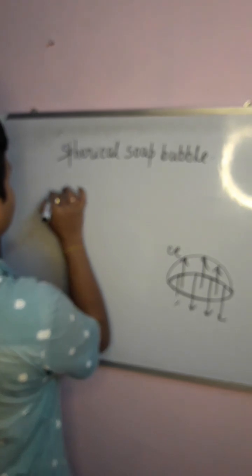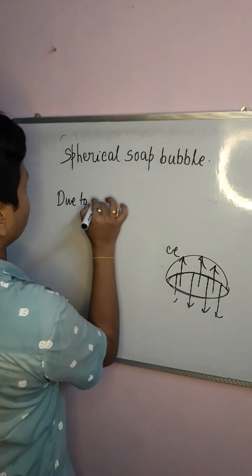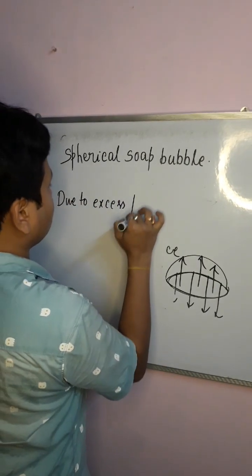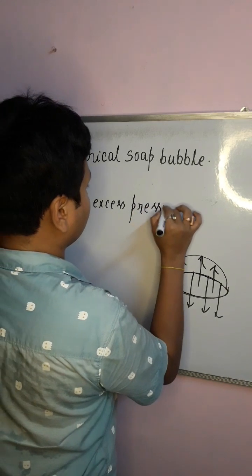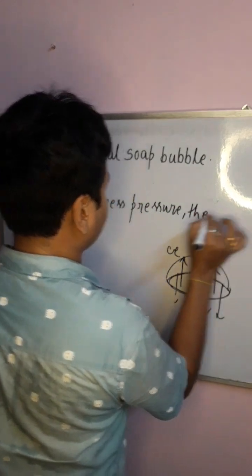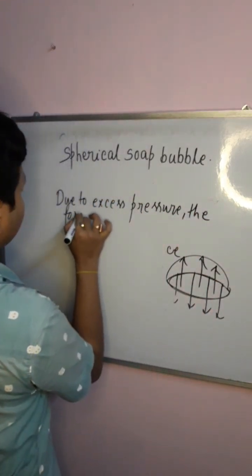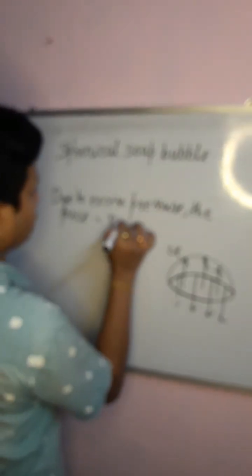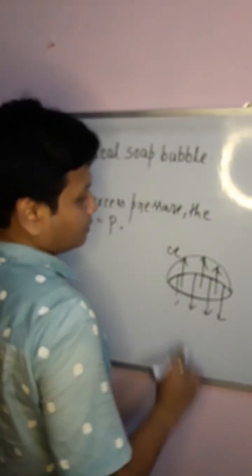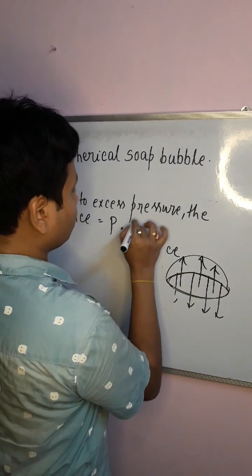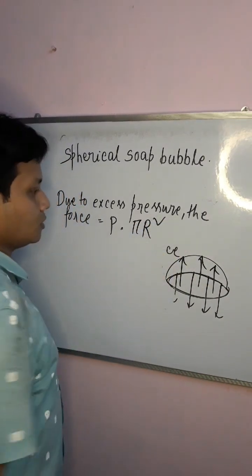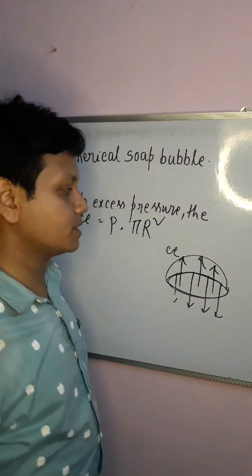So due to excess pressure, the force is excess pressure P multiplied by area. So what is the area? Pi r square. So we have to find out the excess pressure.